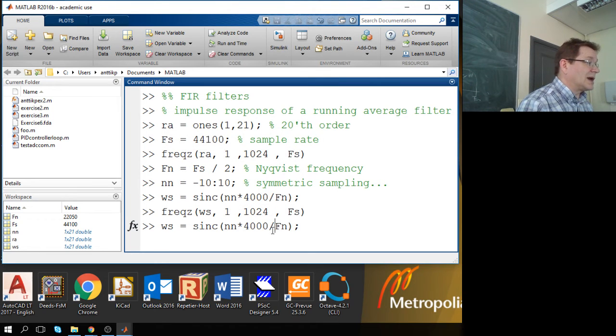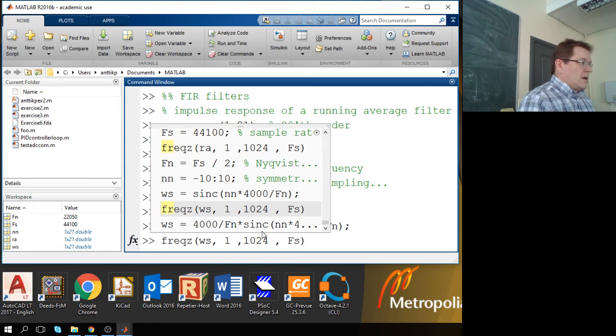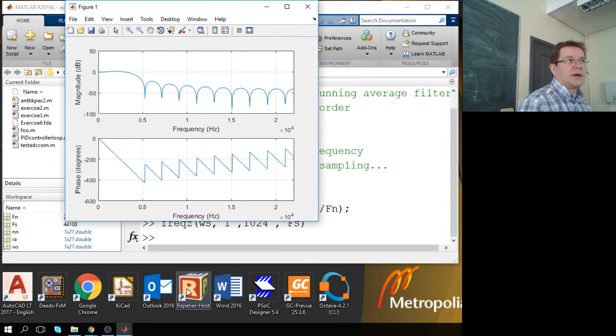You basically calculate this by multiplying with this one here. And we didn't multiply this with RA because RA is just a number of ones. But mathematically, that's what happened. Good. So now it's a unity gain system.